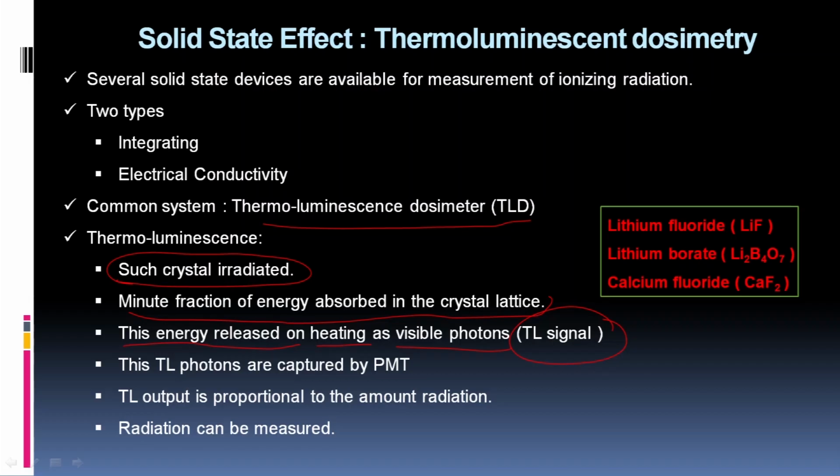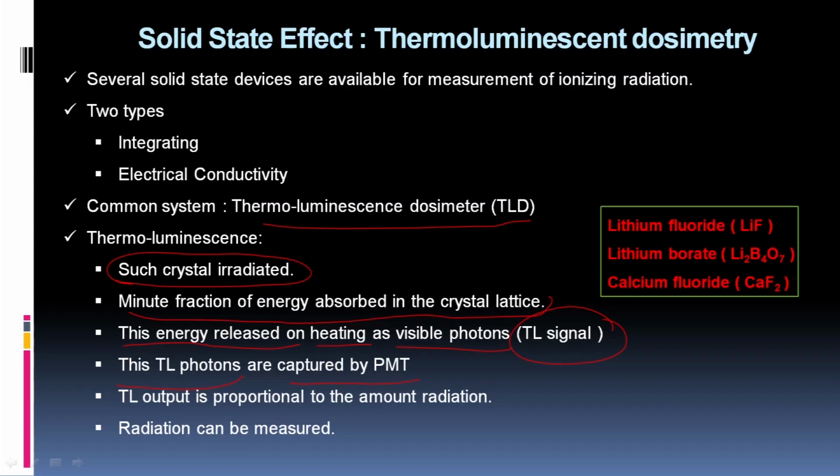So these TL photons are captured by a photomultiplier tube, PMT, and this TL output is proportional to the amount of radiation. So this is the way we measure the radiation. So in thermoluminescence, we have some crystals having the thermoluminescence property, and what is that property?